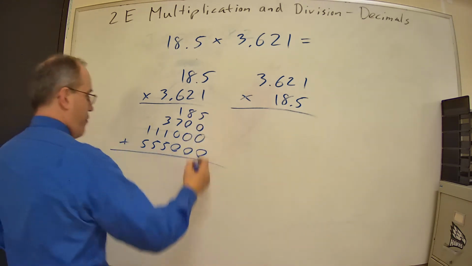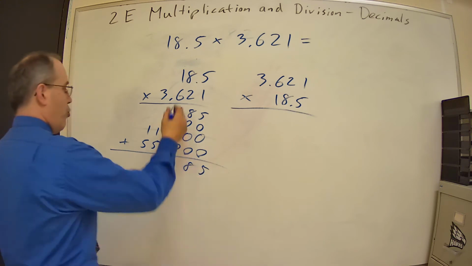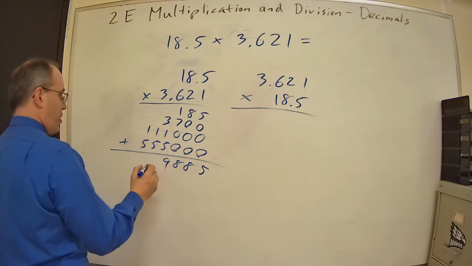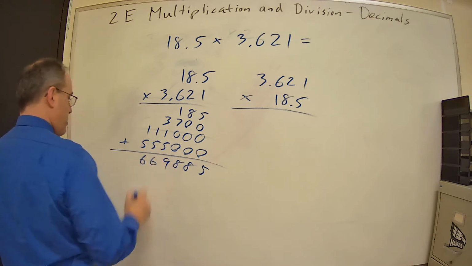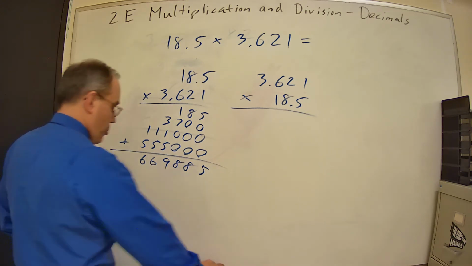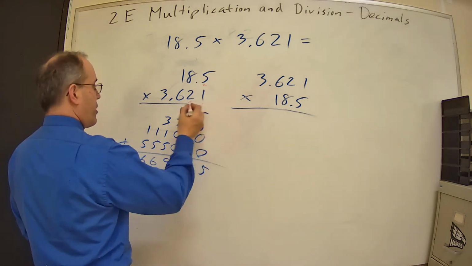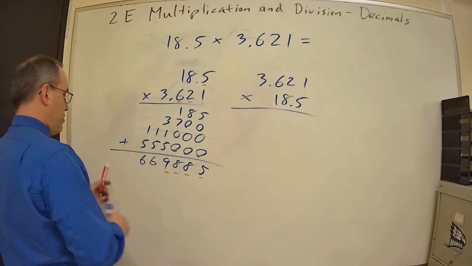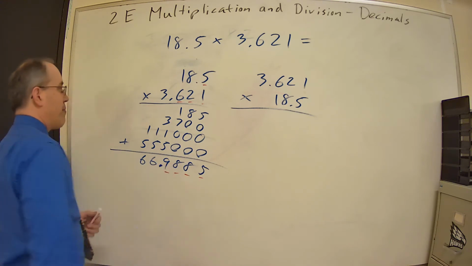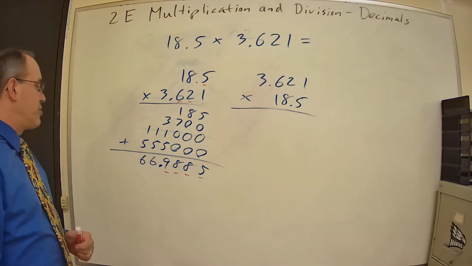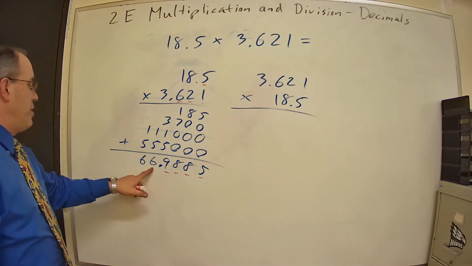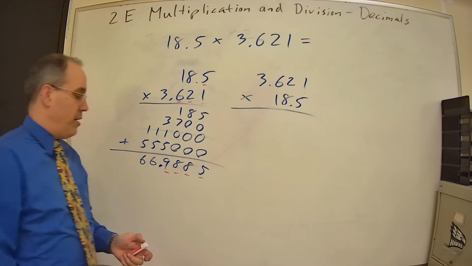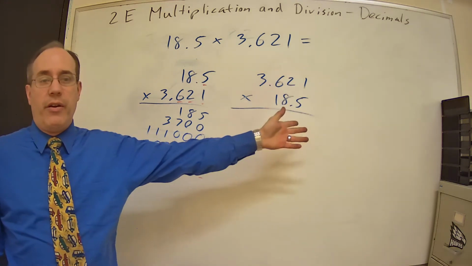And I add it up. 5, 8, 1 plus 7 is 8, 3 plus 1 is 4, plus 5 is 9, 1 plus 5 is 6, 1 plus 5 is 6, and then I count my decimal places. I've got 1, 2, 3, 4 decimal places. So 18.5 times 3.621 is equal to 66.9885, according to this.